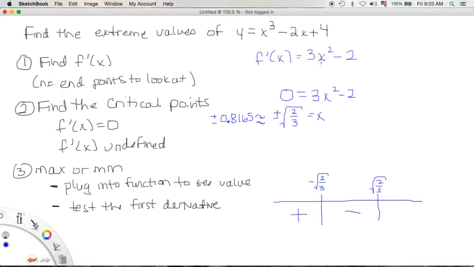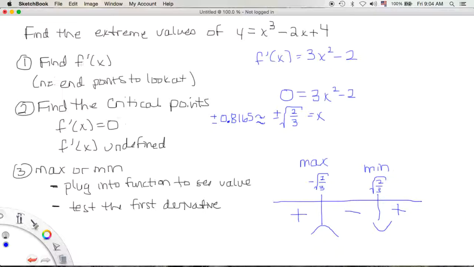So 1 is easy, 3 minus 2 again is positive. So what this tells us is our function looks like this and then like this, because it's positive over here, negative here, and positive there, which means that this is a maximum and this is a minimum.